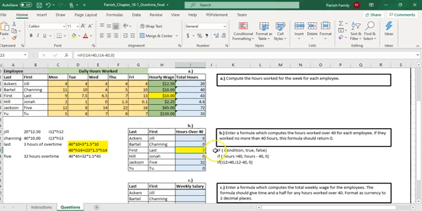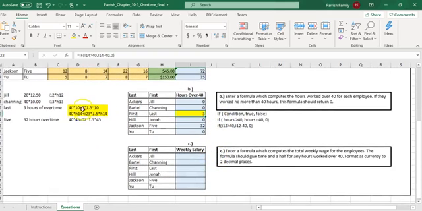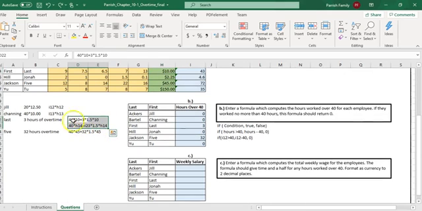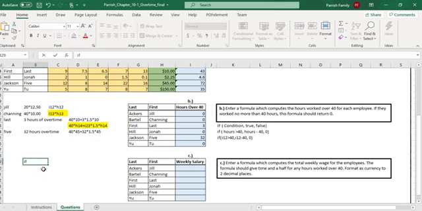So now I want to do an if statement, and I'm going to have 2 parts to my if statement. One of the parts is going to be this calculation, and the other part is going to be this calculation.